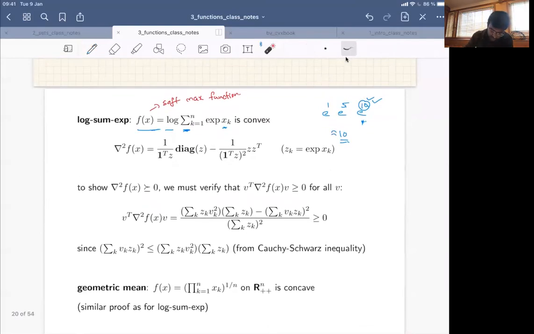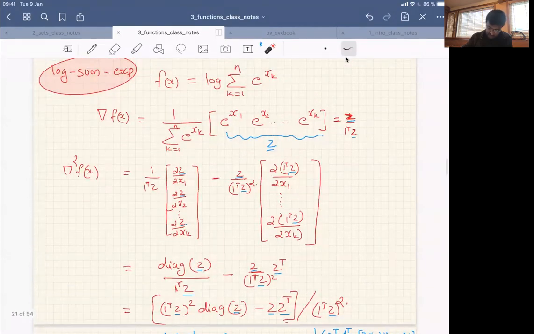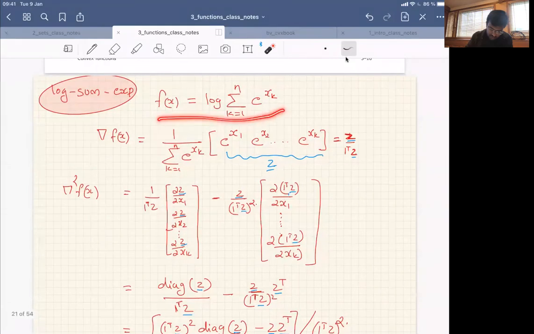So the question is, how do we examine the convexity of this? I am not explaining everything. We have a function here, take the gradient. Since you have a log here, when you take the derivative, that comes as the denominator, then you will have this thing.